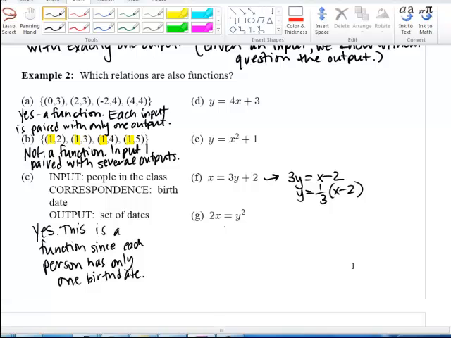But in G, we notice something is different. If I try to solve for y, I have positive or negative square root of 2x. This causes a problem because given an x, we don't know which y value we're supposed to have for the output. Would it be the positive square root or the negative square root? So because of this, this is not a function.